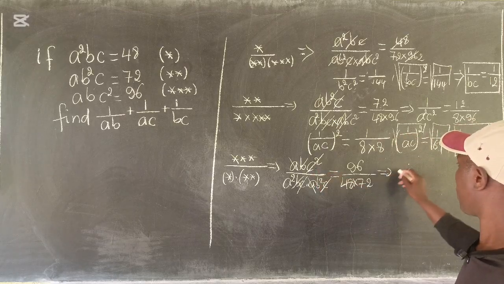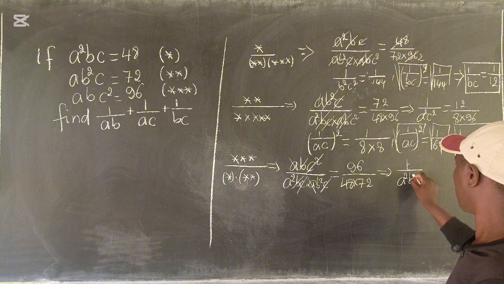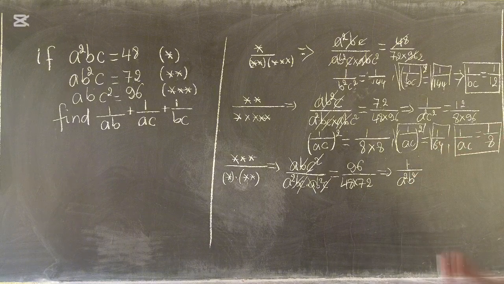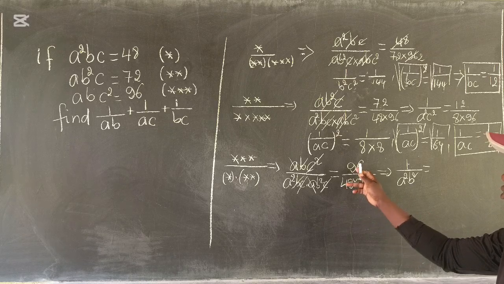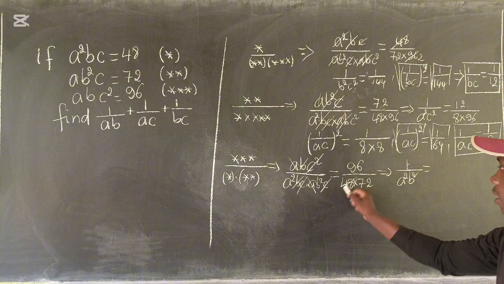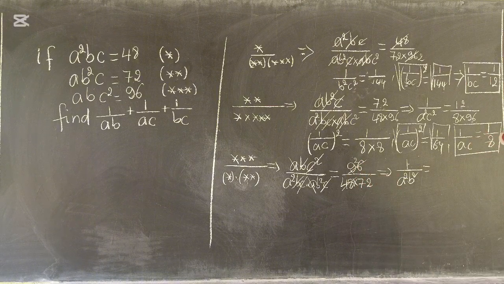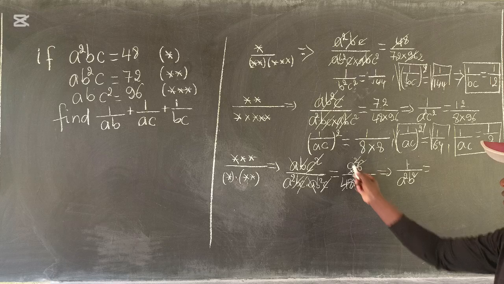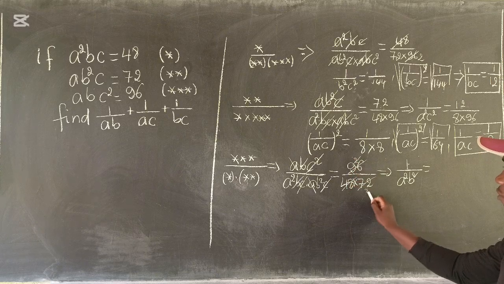Here is 1 over a squared b squared, which is equal to, simplify to have 2 here, dividing by 48, and then dividing 2 here and here, we have 36.